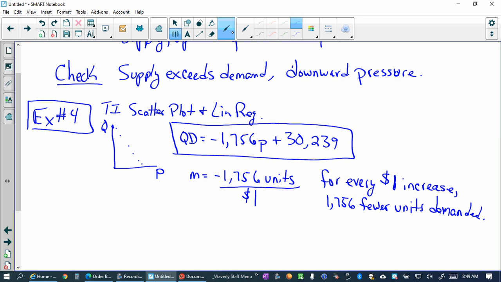Price is the only determinant that we look at as we move along the curve. What does any other determinant do to the graph? Shifts the graph. It doesn't move along the graph anymore. Anything other than price actually shifts one or both of the graphs themselves. Price moves along the graph. Ceteris paribus, price is the determinant of demand.